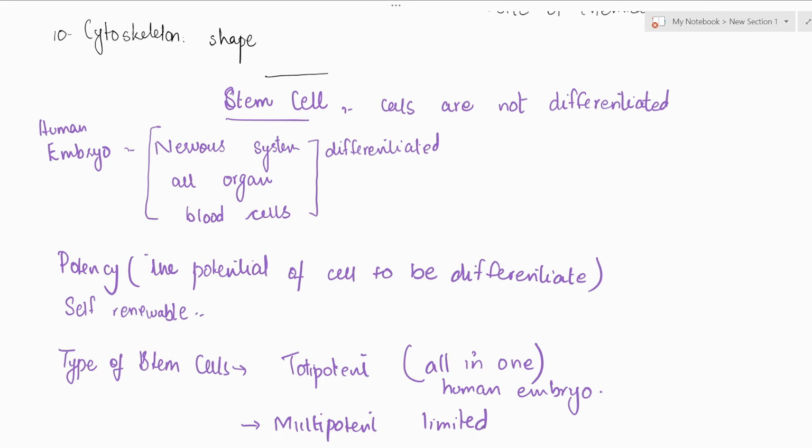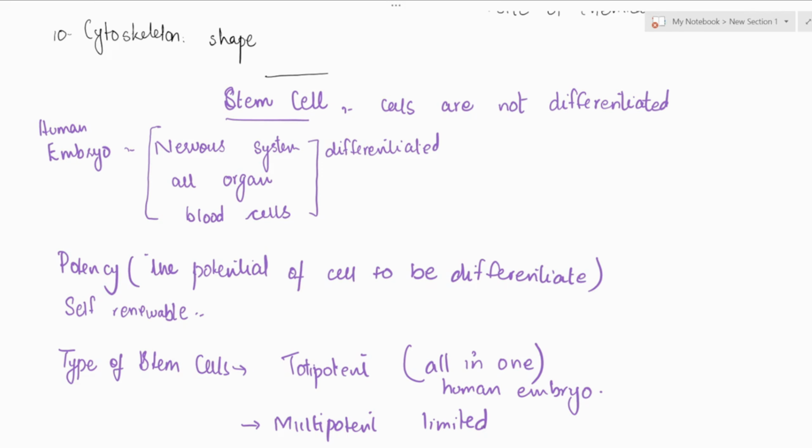Your intestinal cells can only divide into intestinal cells. Multipotent means there would be division, but differentiation would be very limited and specific. Those cells divide, but they divide into a certain type.